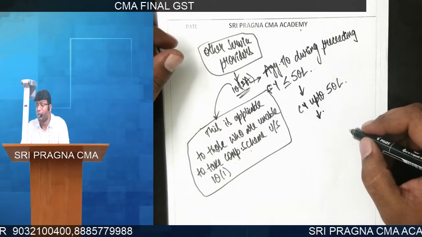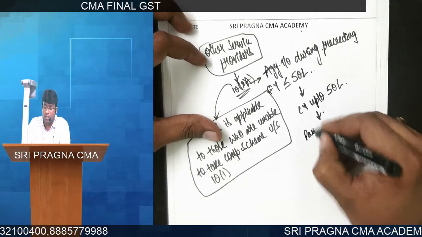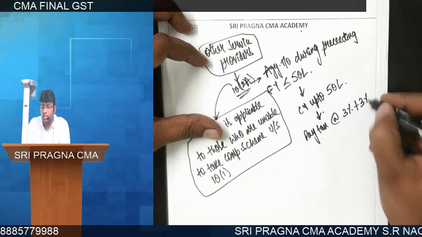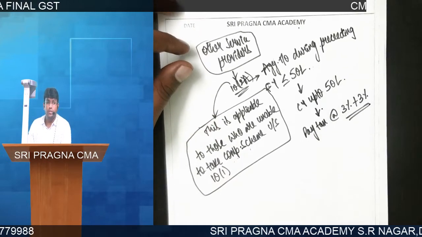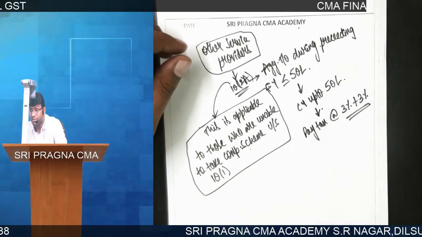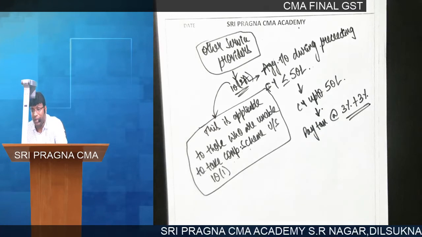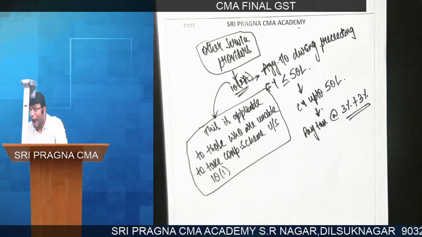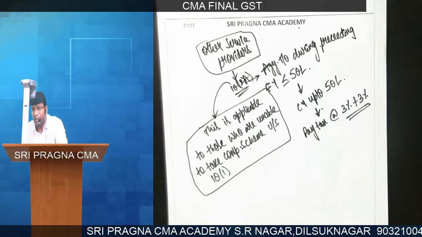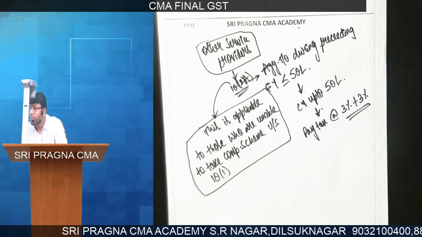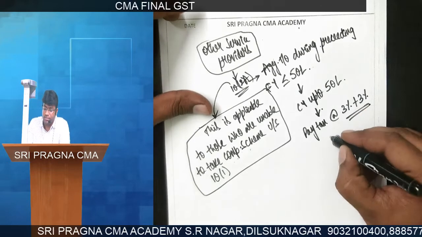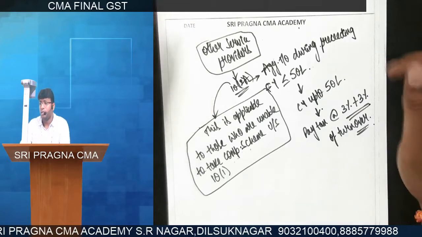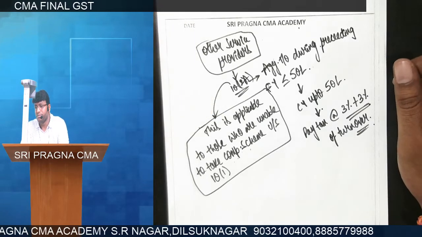They can pay tax only at the rate of: manufacturer, remember 0.5 plus 0.5, trader 0.5 plus 0.5, restaurant 2.5 plus 2.5, other service provider 3% plus 3% of turnover, of course.